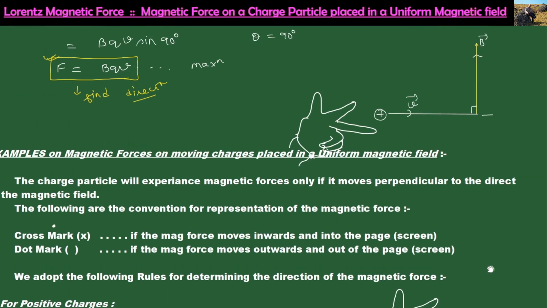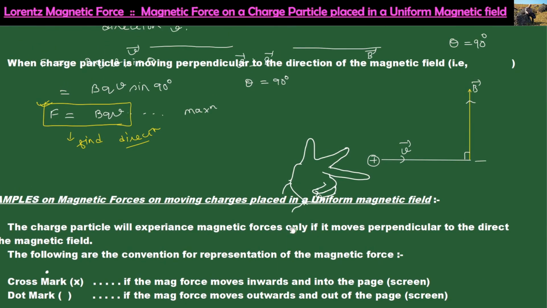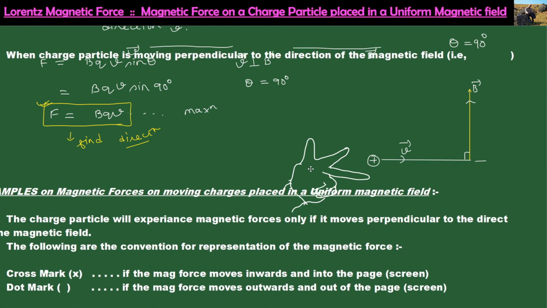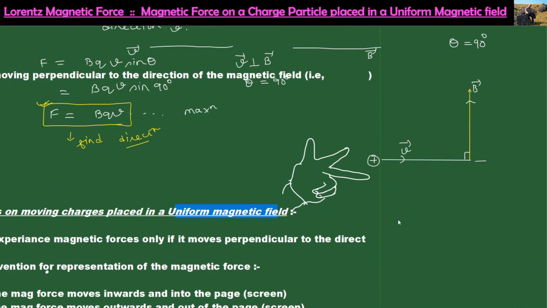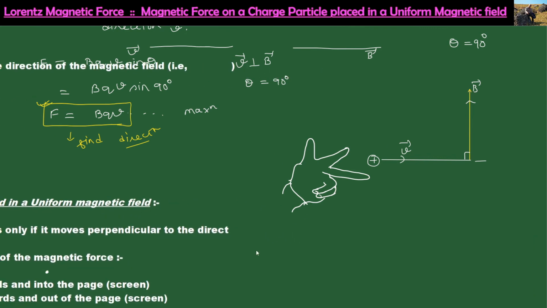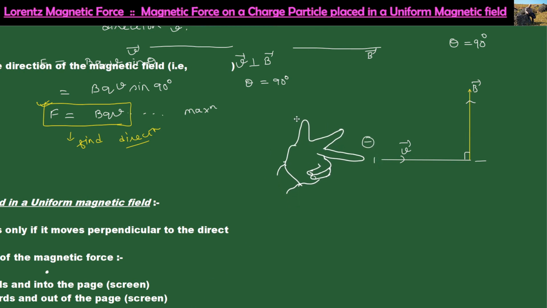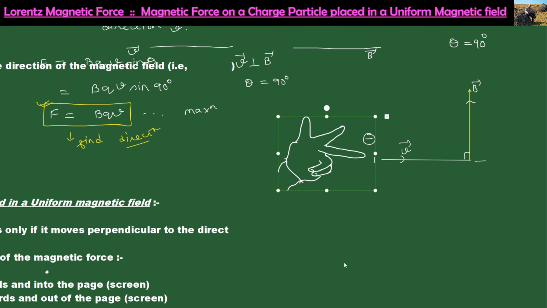When you look at this figure, this is my left hand. I will try to orient my left hand in such a way that this is my positive charge particle.